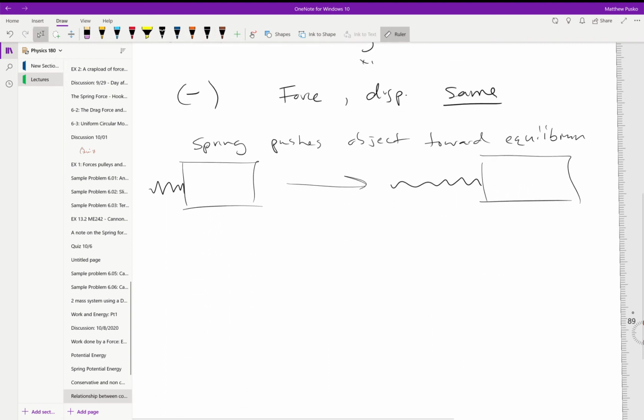So what we can do is define a potential energy function, looking at just one direction, x, as minus the integral from the initial position to the final position of F of x dx. And we're going to add this constant U in here.